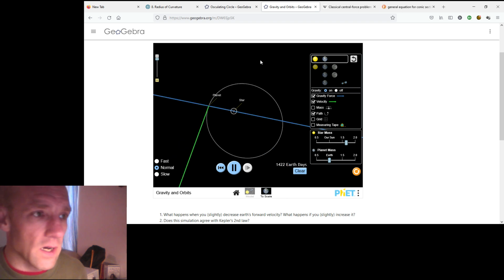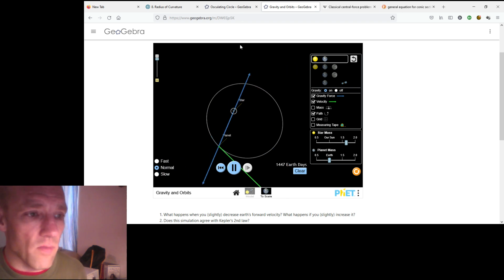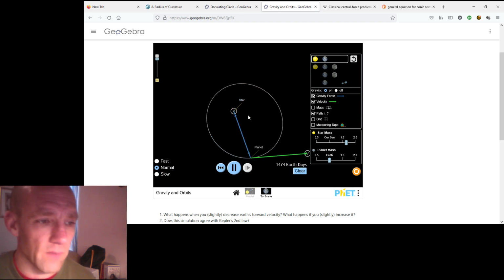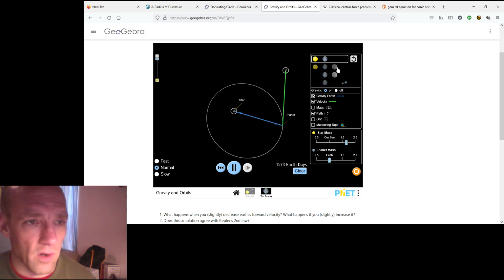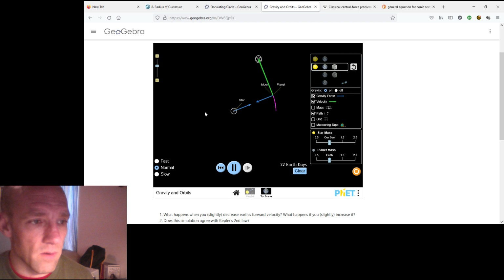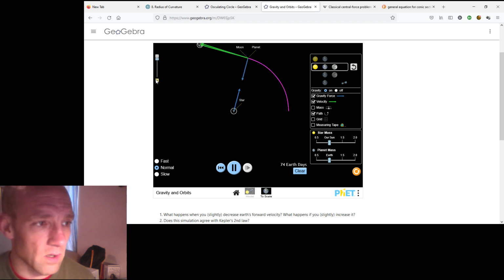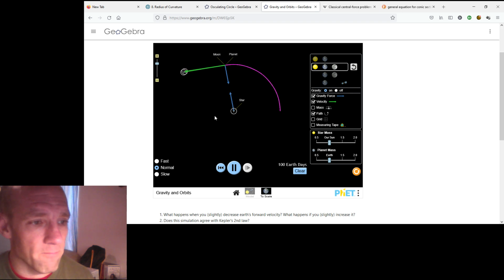So here's the website. I'll probably post that somewhere. But feel free to get in here and mess around with it. Like you can add the moon. As you can tell, you can barely even see that the moon's there. But you can see the two velocities.